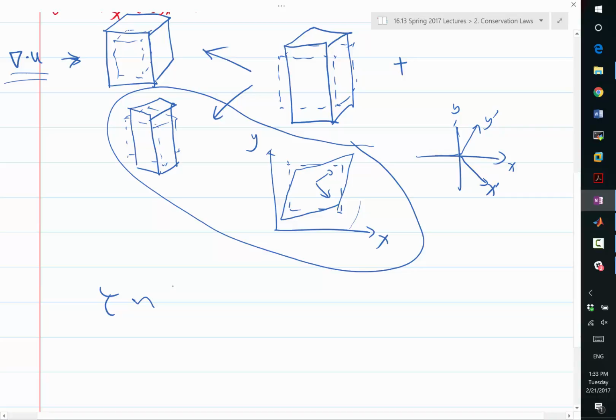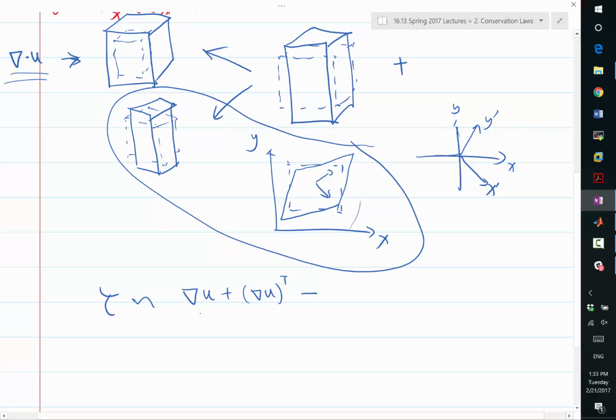So basically, I need to say this is proportional to gradient of u plus gradient of u transpose, but I need to subtract from the diagonal part, right? The sum of the diagonal parts.